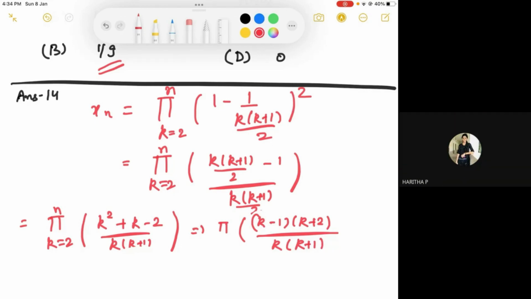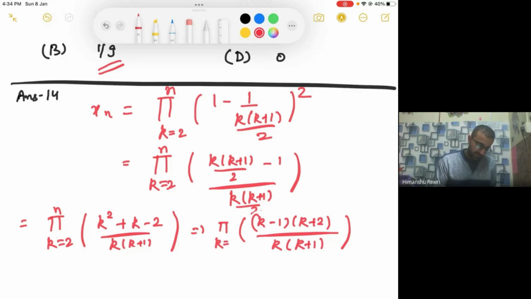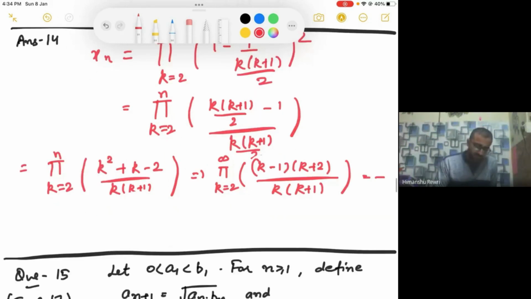Now we can make it a product of two different sequences, k minus 1 by k and k plus 2 by k plus 1. When we expand, so many terms will cancel out. So this is one way of doing it. After solving this, you will get the limit as 1 by 9.